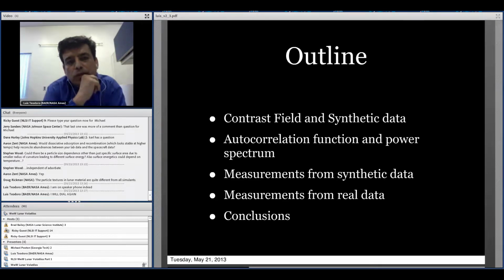Then we'll move on to use the two statistics that are widely used in other fields to quantify things like point spread function, smoothing, noise level, different levels of backgrounds, and so on. I will apply this to some synthetic data, since we can control the experiment, and then I will apply those very same statistics to real data. And at the very end, we will draw the conclusions.